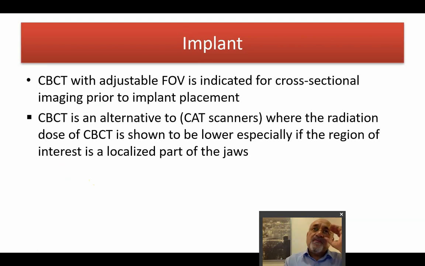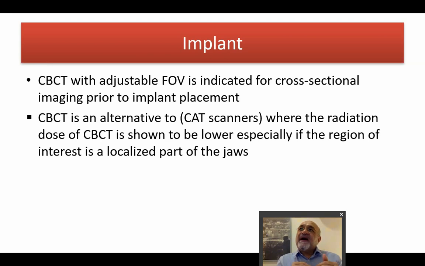I would add something here, that the CBCT is indicated because most of the new cone beam CT machines now come with implant planning software. Implant planning is included in most of the machines in the market now.